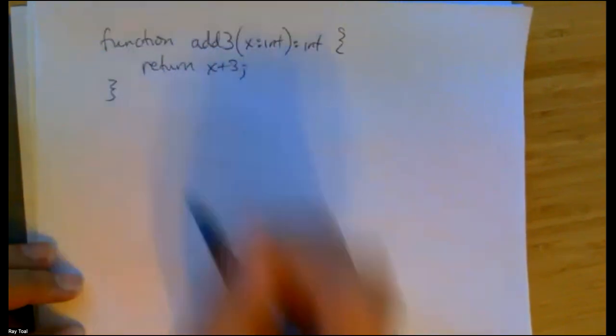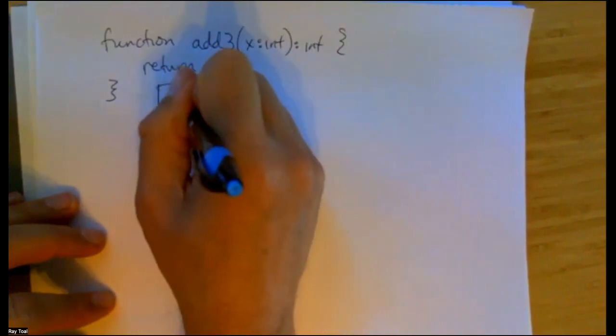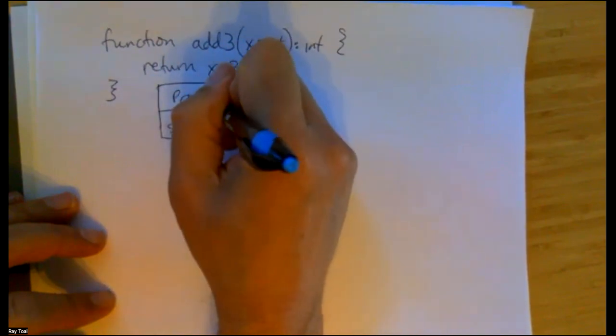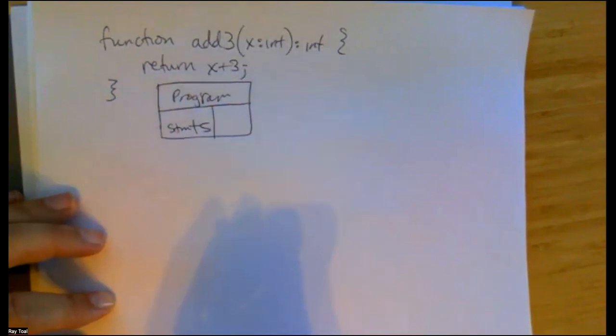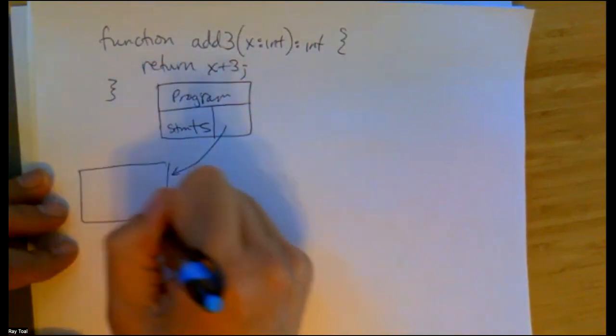So nothing too fancy there. This is a program with one statement. Probably program, I think I called it. One statement in its list of statements, and that is going to be a function declaration.